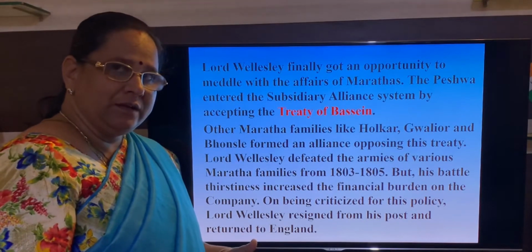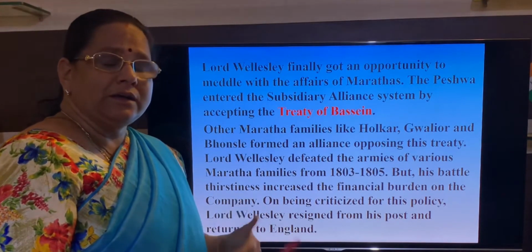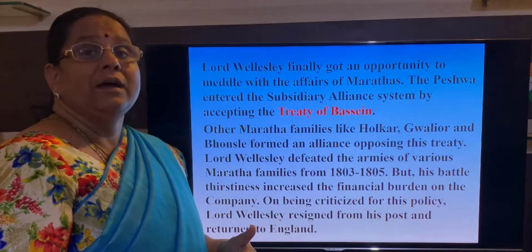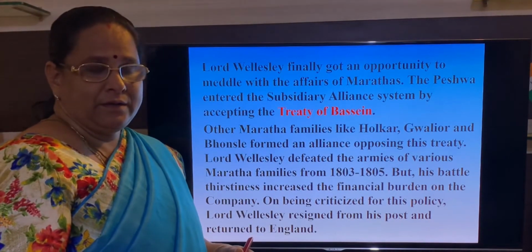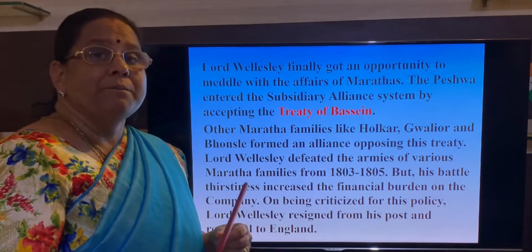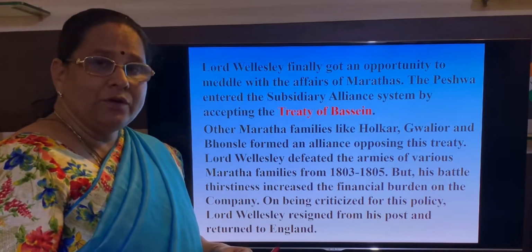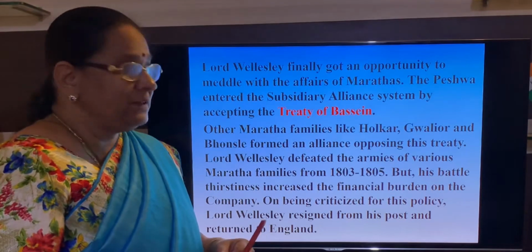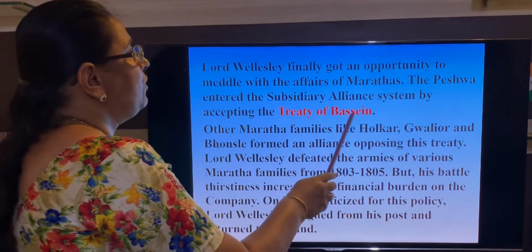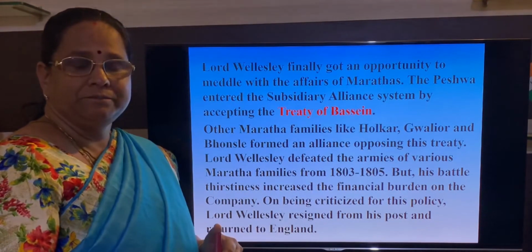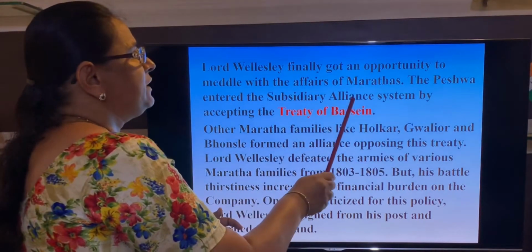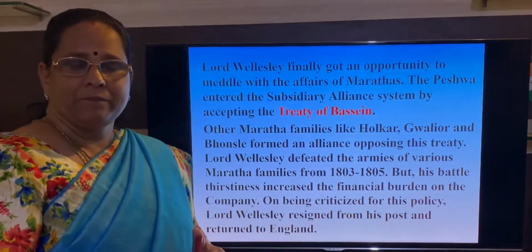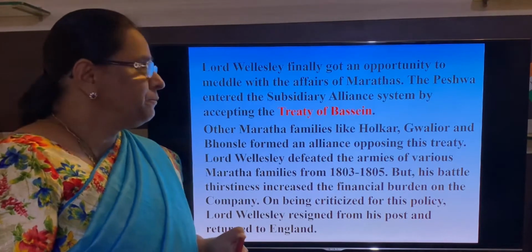Lord Wellesley took the situation as an opportunity and exploited it by forcing Baji Rao to sign the Treaty of Basin, in which he accepted the subsidiary alliance. Is that clear, children, till here?